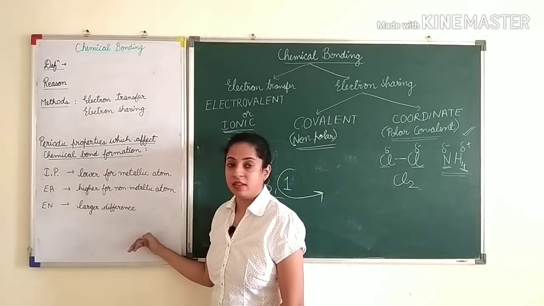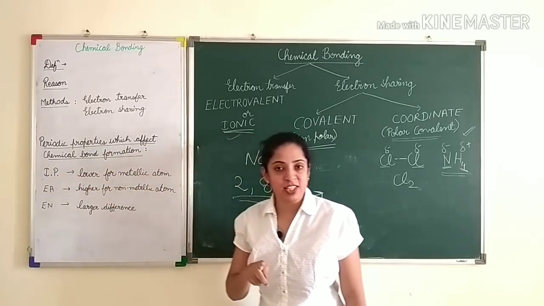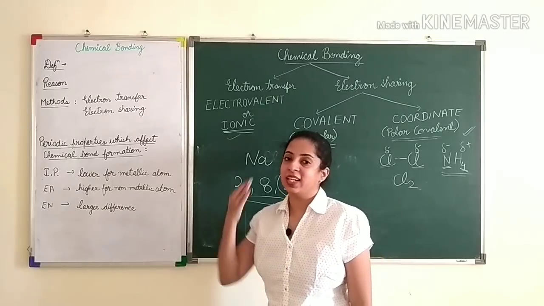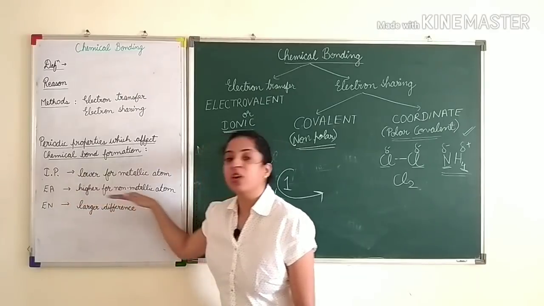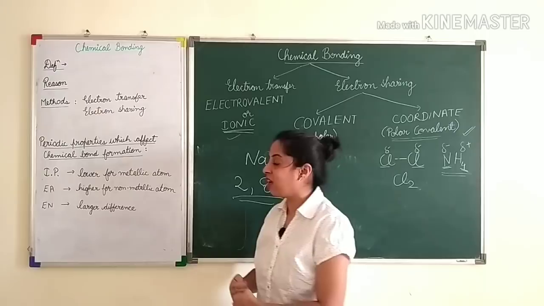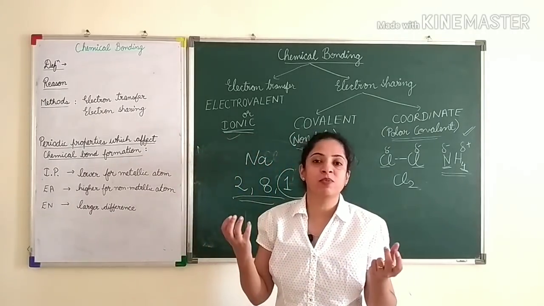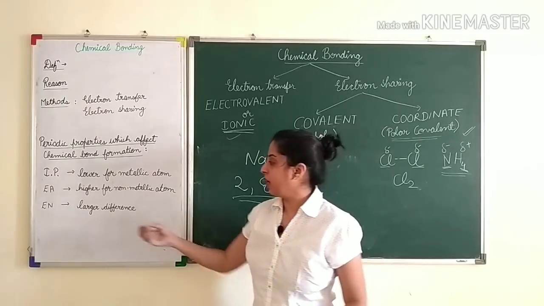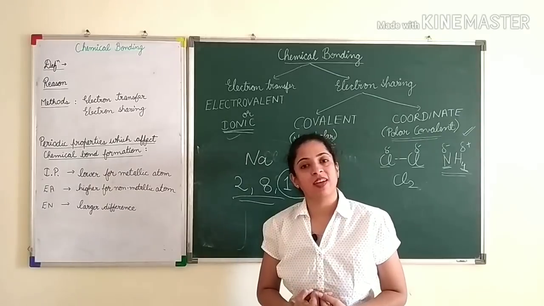So if I revise periodic properties, IP for metals should be low so that it can easily give electrons and form cations. EA for non-metallic atoms should be higher so that it can easily take electrons and form anions. And electronegativity difference between the two atoms that are forming the bond, okay, has to be very high so that the bond can be formed very, very easily.